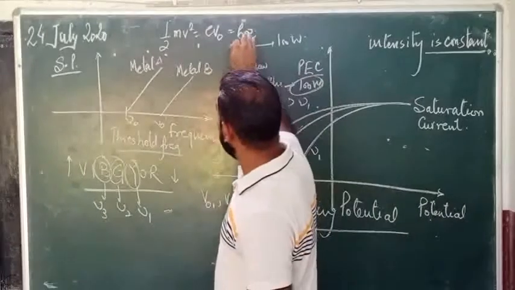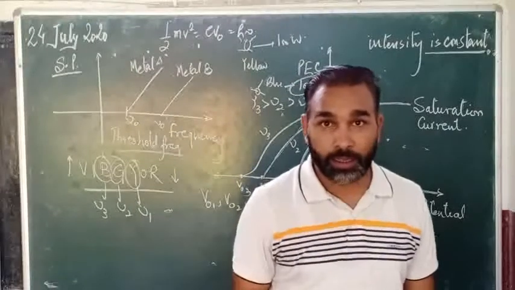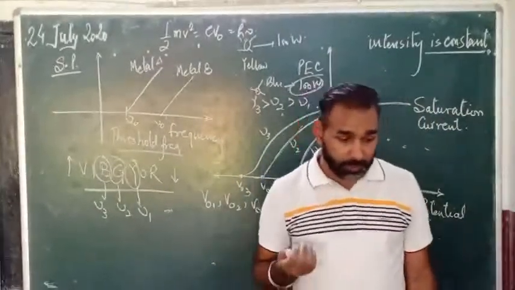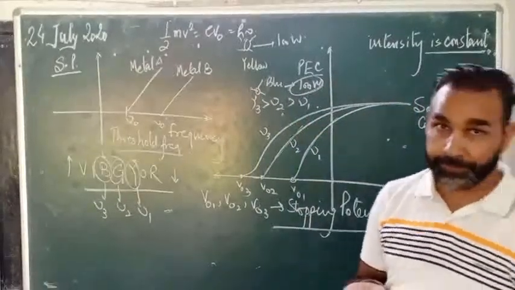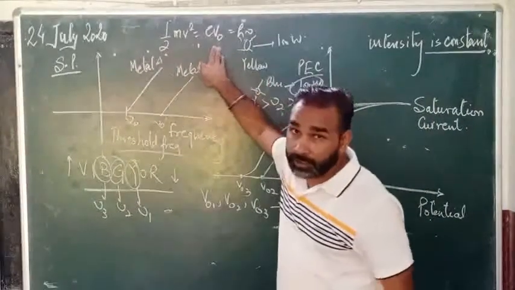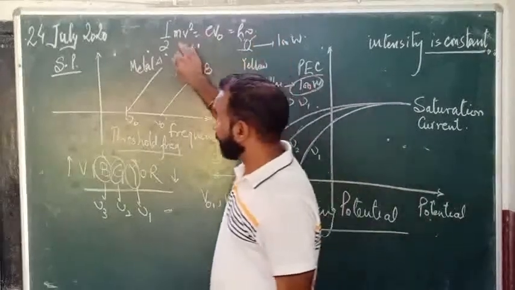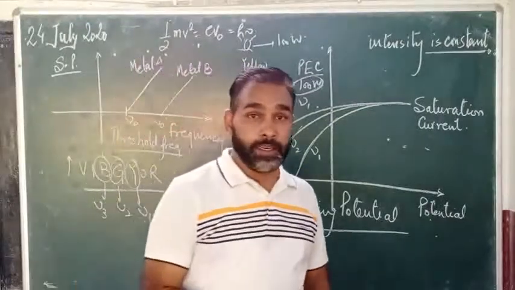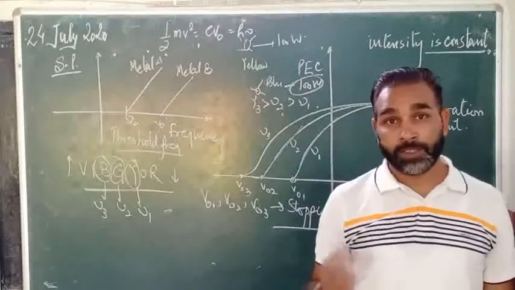So frequency and kinetic energy are also directly proportional, which means that kinetic energy is independent of intensity. Kinetic energy is independent because stopping potential is independent of intensity, and frequency is independent of intensity. Therefore, the kinetic energy is also independent of intensity. Only photoelectric current depends upon the intensity. This is a very important point.